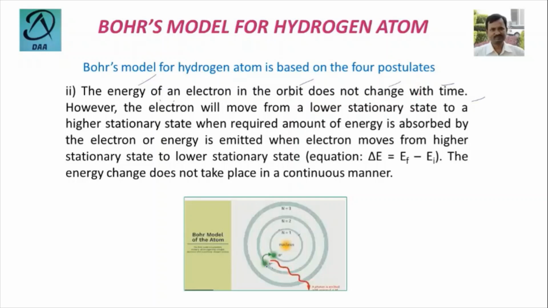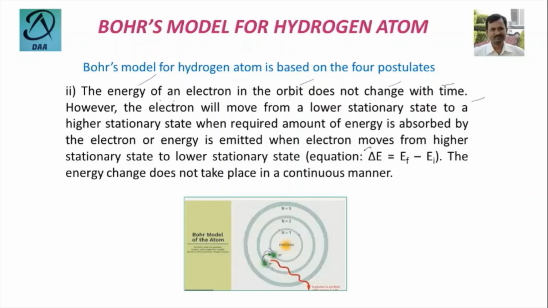The reverse is also possible: when it comes back from the higher energy orbit to the lower stationary state, shown by the green arrow, it releases energy.